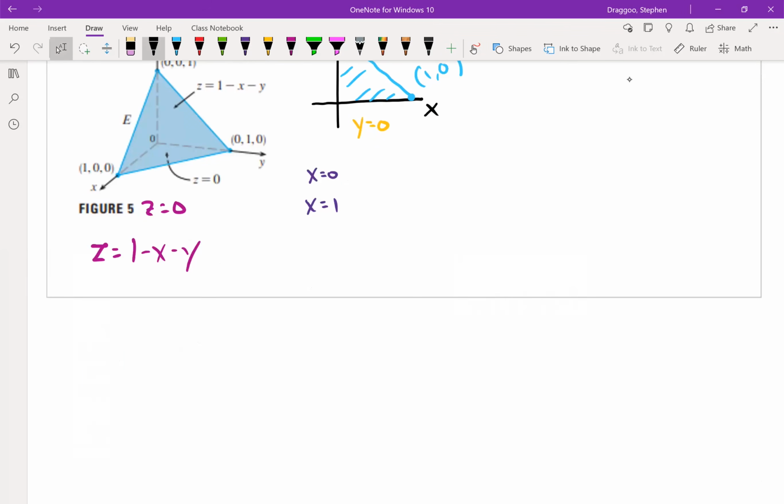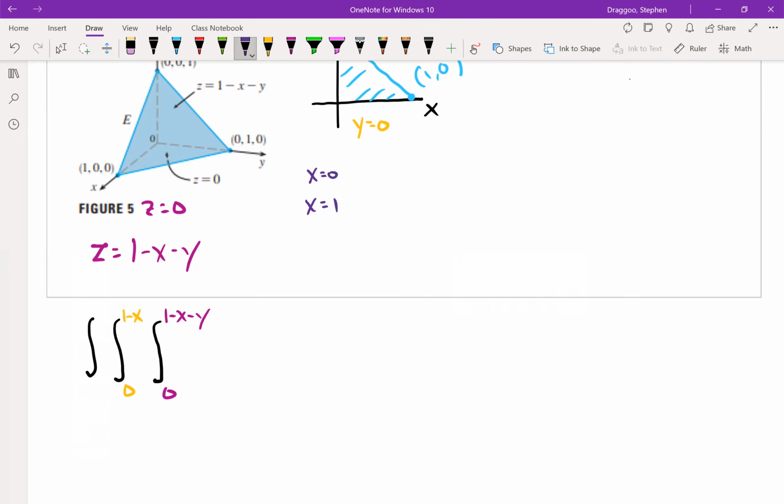So we are looking for a triple integral, or rather an iterated integral of 3 variables, where if I leave myself just enough space to write everything down, z is the one that we did first. So we'll want to go z from 0 to 1 minus x minus y. y was the second one that we solved for, so y is going to go from 0 to 1 minus x.